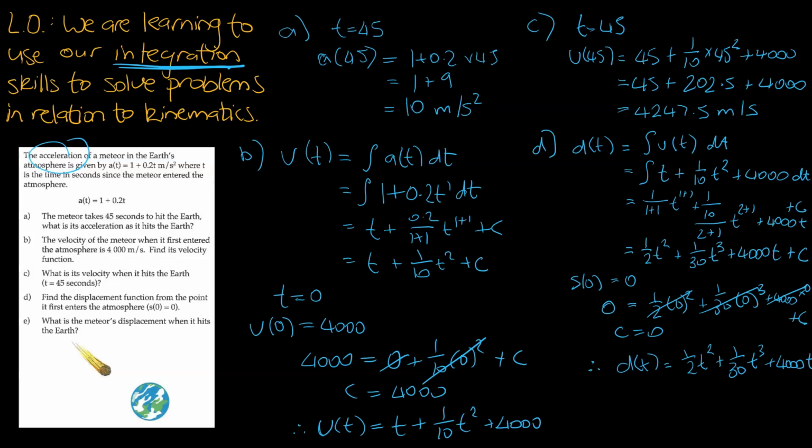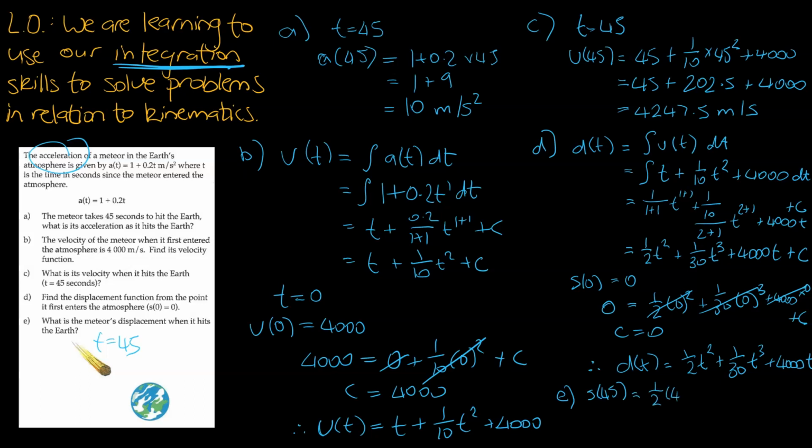And finally, the very last question, E, hopefully we have enough room to do it down the bottom. What is the meteor's displacement when it first hits the Earth? And just a reminder, it hit the Earth after 45 seconds. So that means we're looking for the displacement after 45. And we're going to substitute that in.